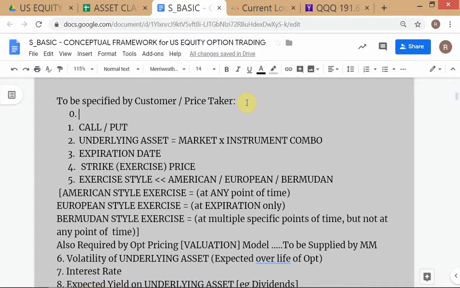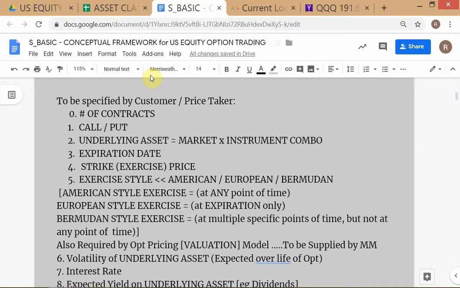It is the number of contracts, which is already there in that other note. You can write quantity, position size, or amount, it comes to the same thing.